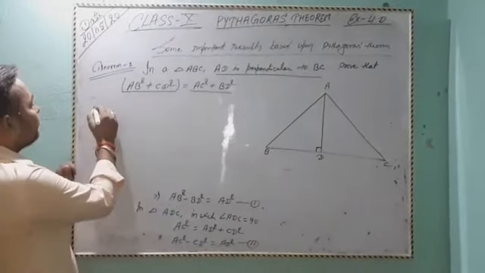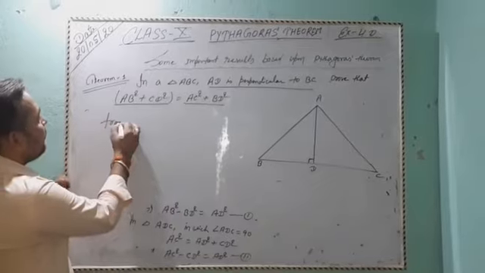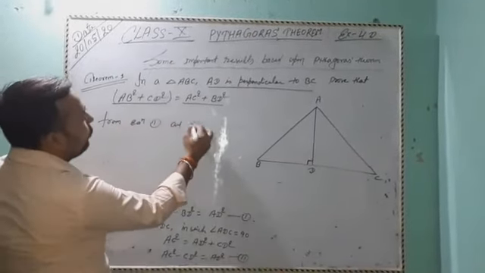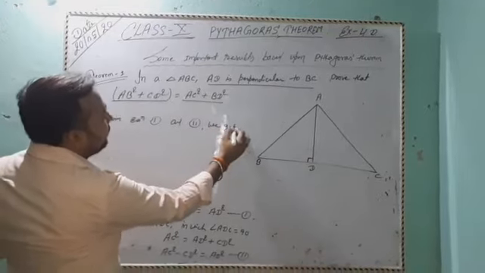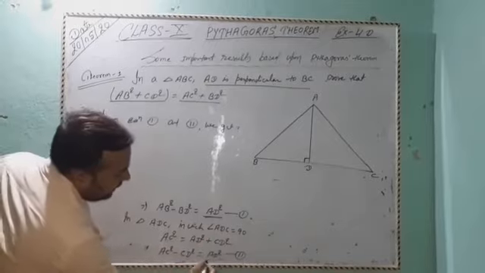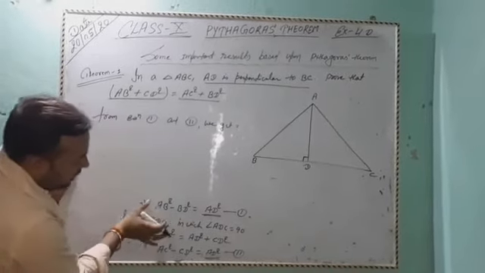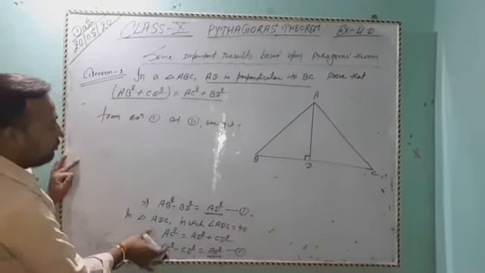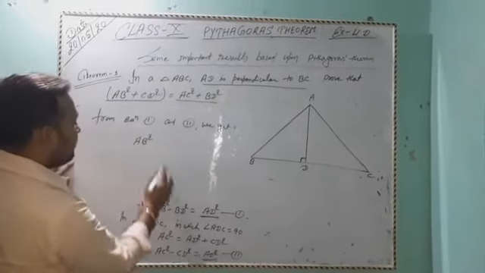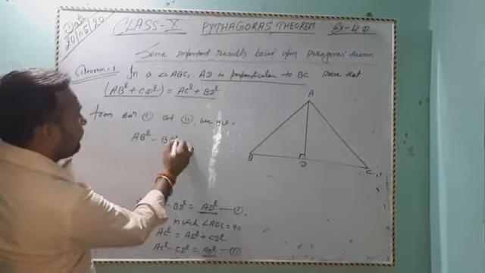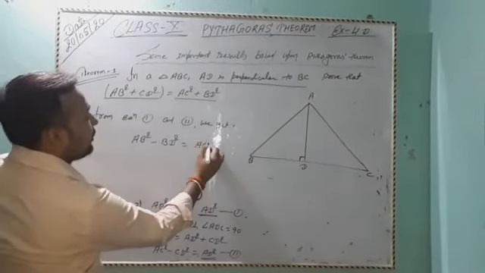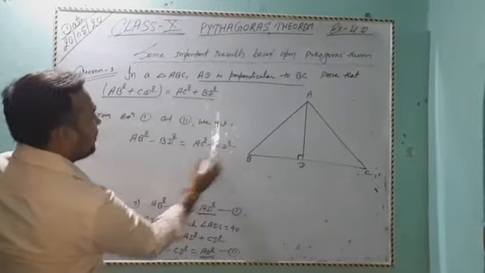Now from equation 1 and 2, we get, RHS is equal, AD square and AD square, then LHS is also equal. So we write AB square minus BD square equal to AC square minus CD square.